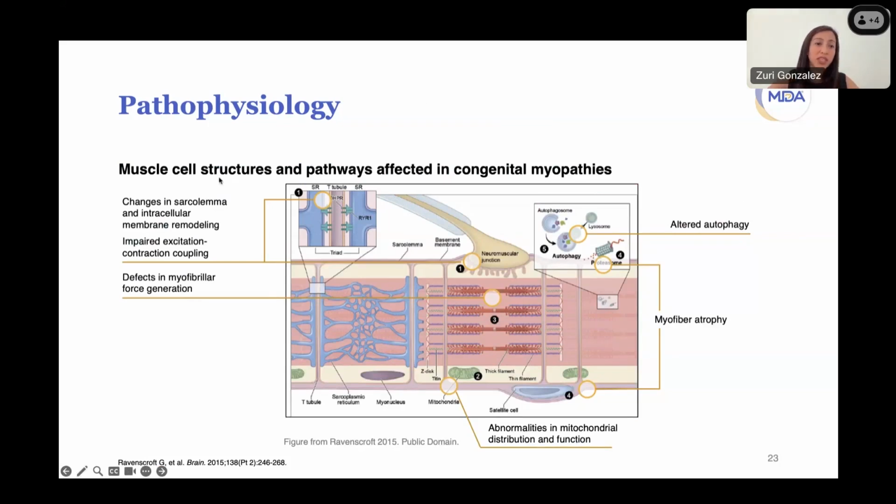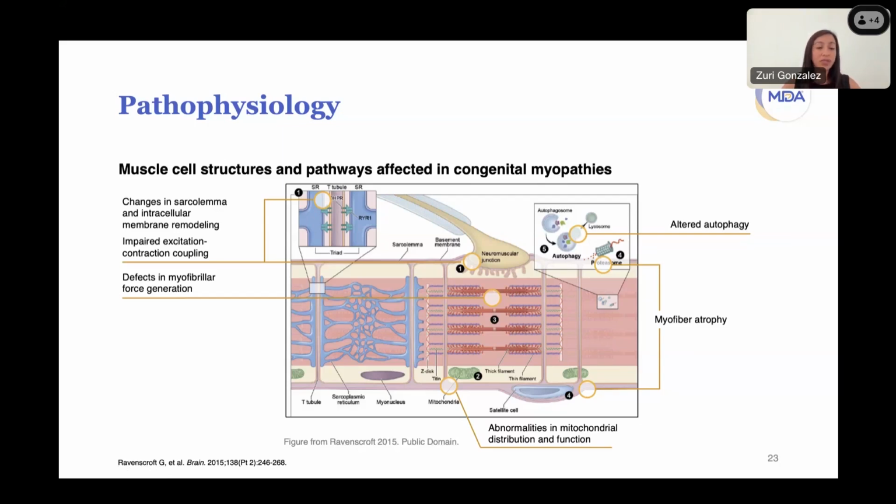One of those would be changes in the sarcolemma and the remodeling of the membrane that will affect the excitation-contraction coupling. One example would be the mutations associated with RYR1. We can also have defects or abnormalities in the mitochondrial function and distribution.